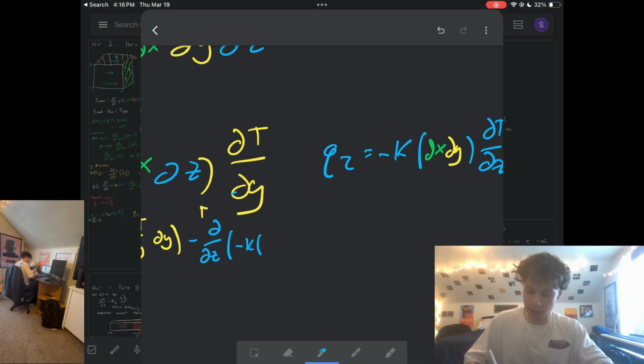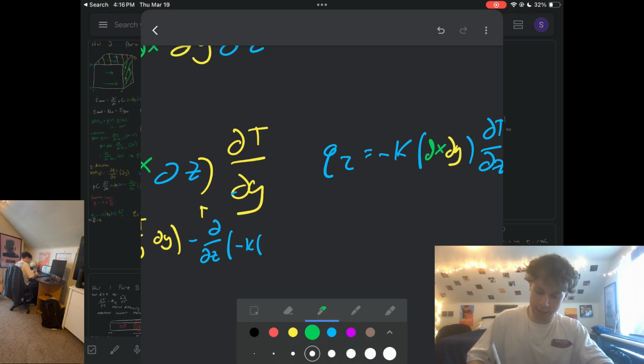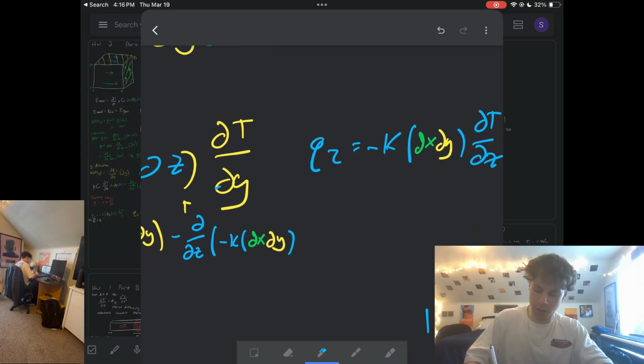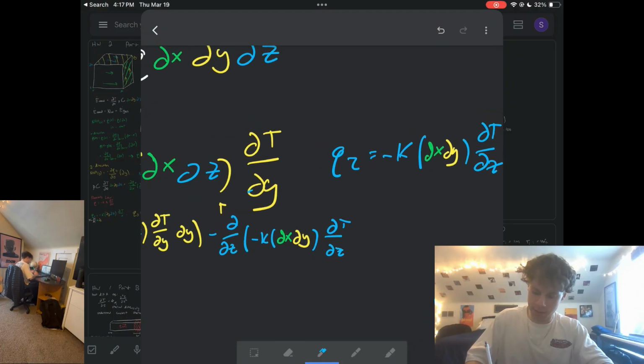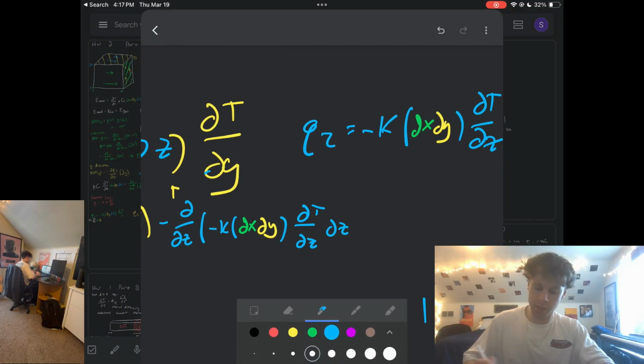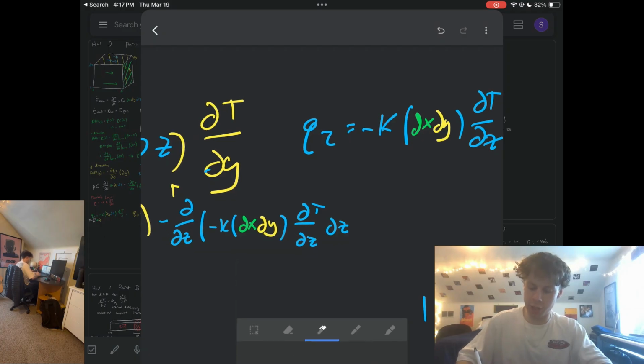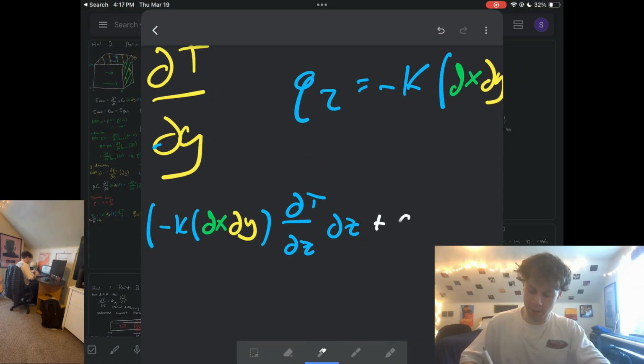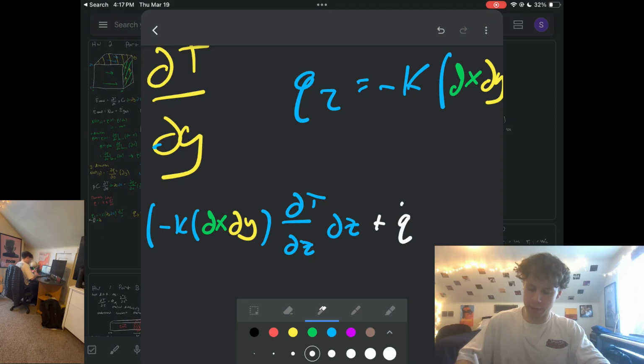So that'll be dx dy, multiplied by our temperature gradient z direction times our dz here. And then plus our energy generated, so that'll be our heat flow throughout our area, which is our dx dy dz.